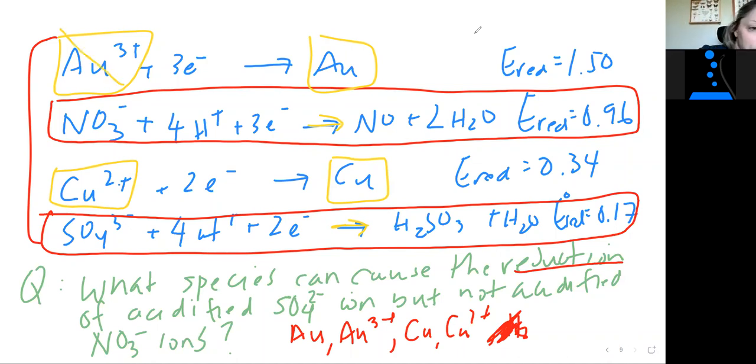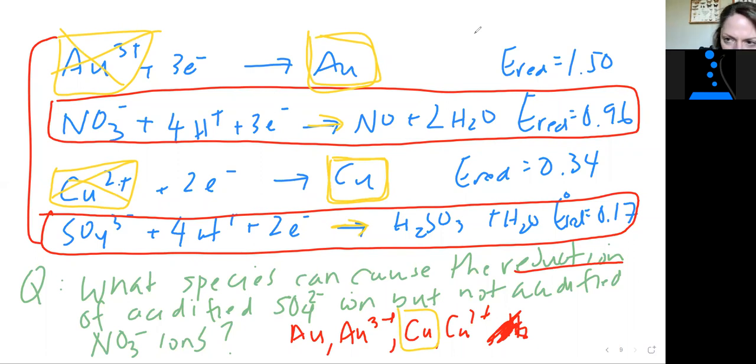Au3+ is off the table because it's not going to be reduced as well, and copper 2+ is off the table for the same reason. We can't have multiple reductions. So my answer has to come down to one of these 2. I'm sure your gut's telling you it's the one in the middle, and you would be absolutely right. But why?